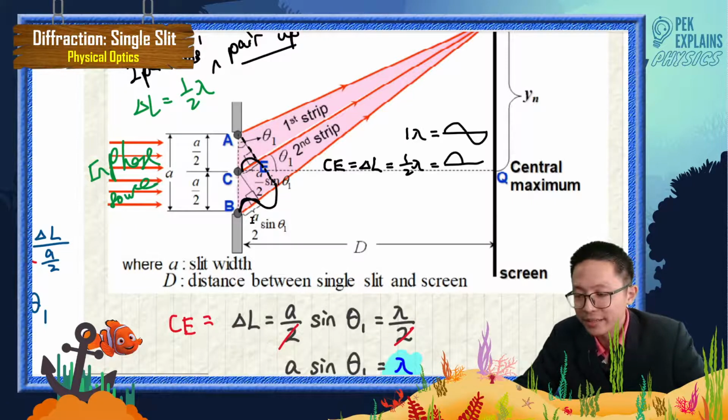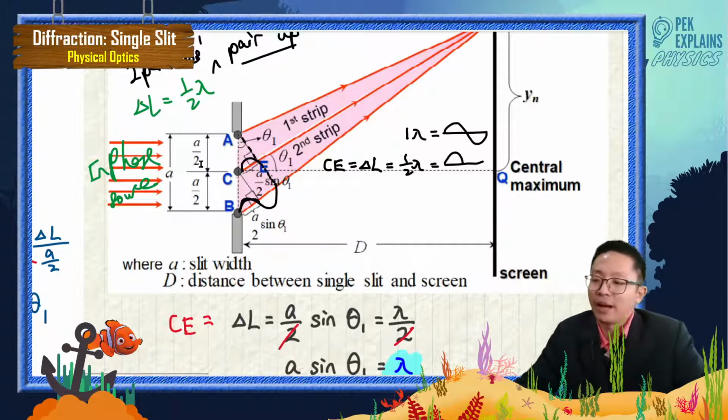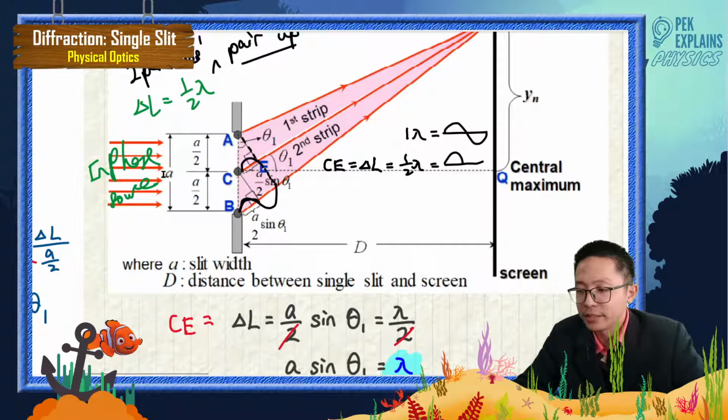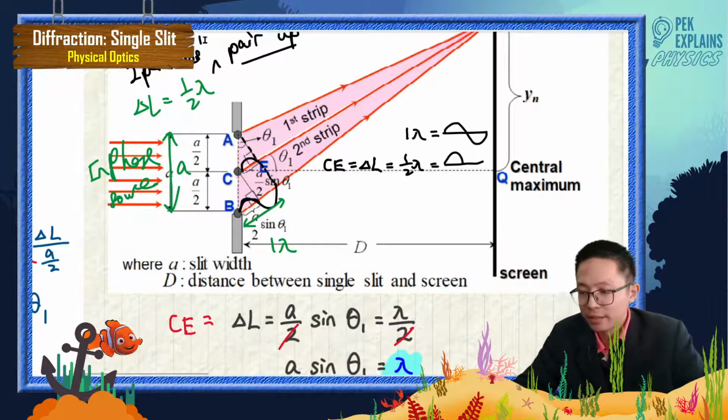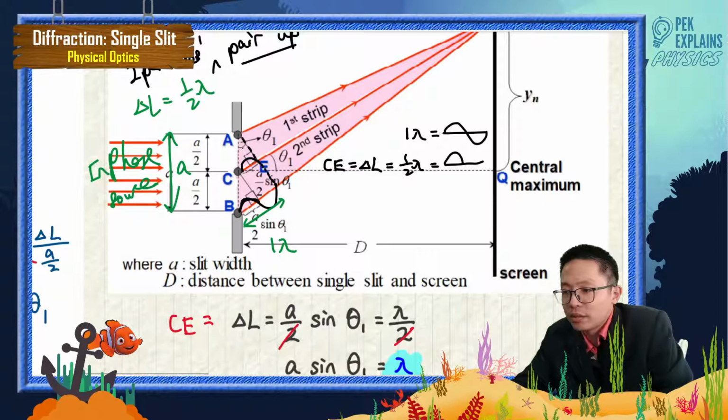Can you see that? Here is 1 lambda. This is the A, this is theta 1, and this one is 1 lambda. Between here to here is 1 lambda, and here to here is A. Can you see where theta 1 is?